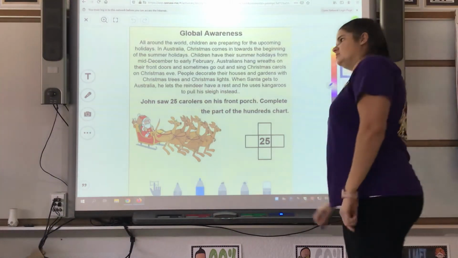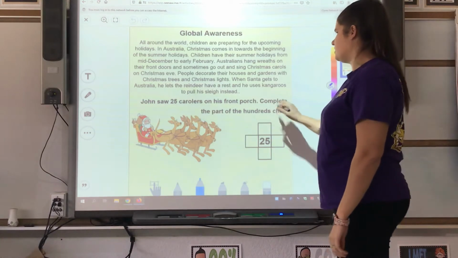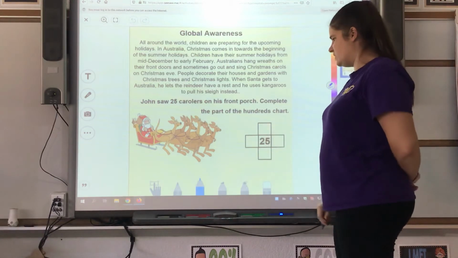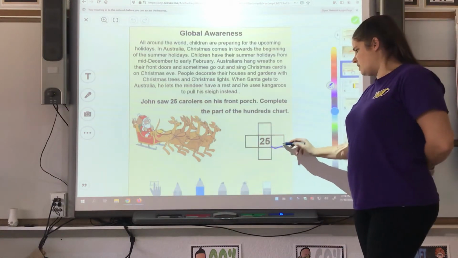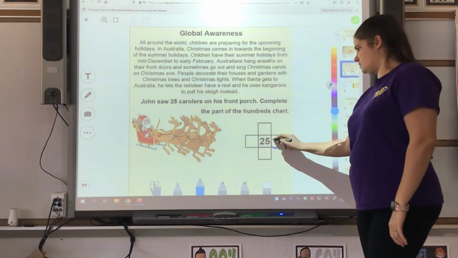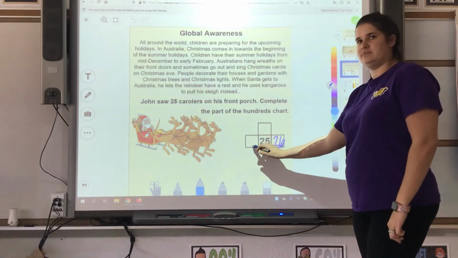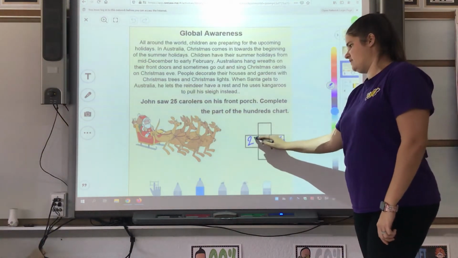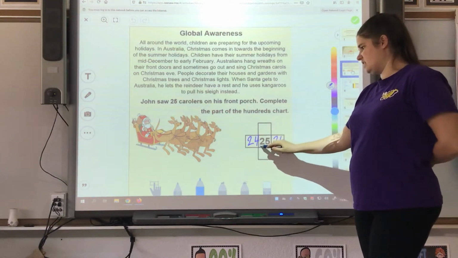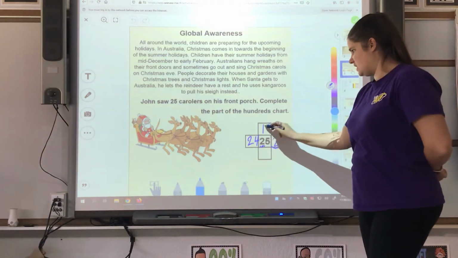So our problem says John saw 25 carolers on his front porch. Complete the part of the hundreds chart. So if my number is 25 and I need to figure out what plus 1 is, 25 plus 1, 26. 25 minus 1, 24. 25 minus 10, I'm going to look at that tens digit and decrease it by 1, 15.